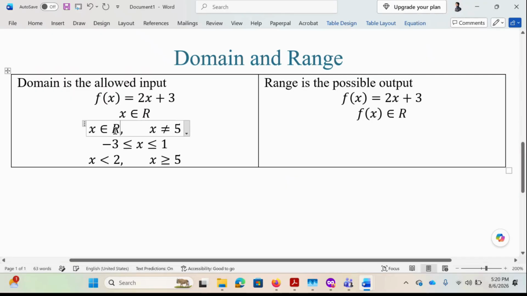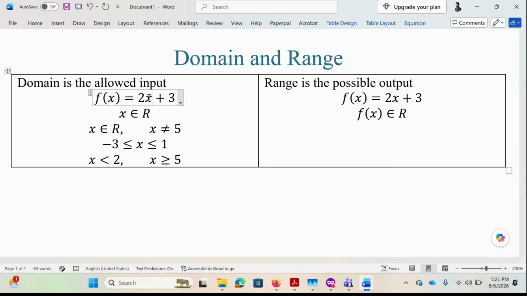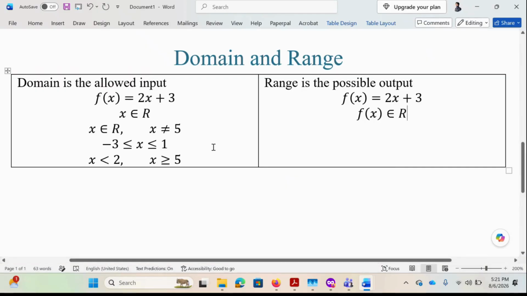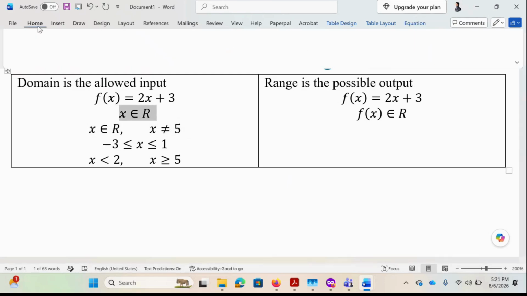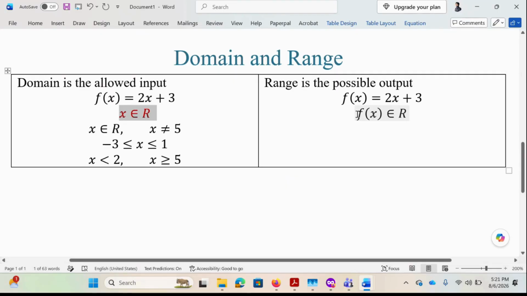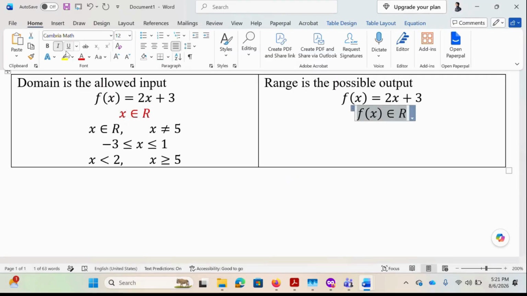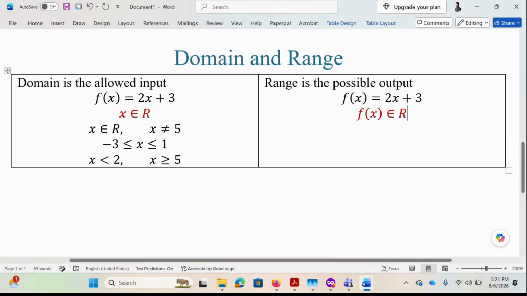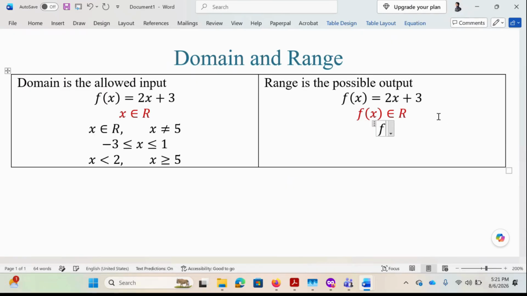If I told you x is an element of real numbers, but it cannot be 5. If you had plugged in 5, what would have been your output? I know it is not allowed, but if you plug in 5, you get 13. So how will you write the range for this one? For this one, x is an element of real numbers, but the range cannot be seen without looking at the graph.